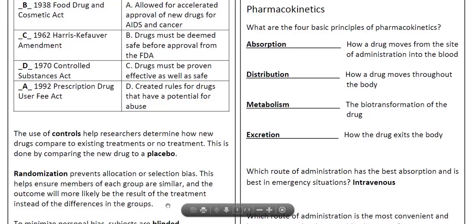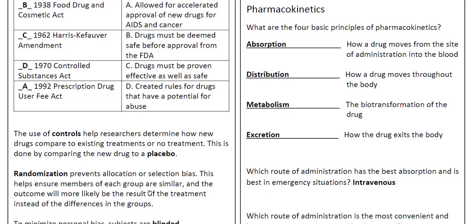Randomization prevents allocation or selection bias. This keeps researchers from putting sicker people in the placebo group. Trying to purposely assign people to make the groups appear the same still has challenges due to unknown factors. Randomization controls for both known and unknown factors.